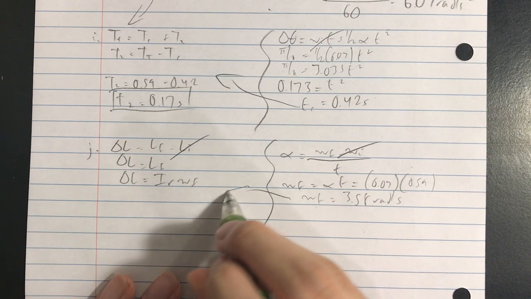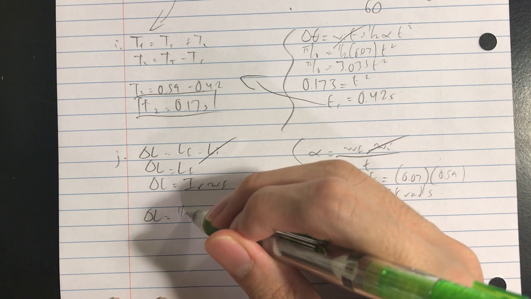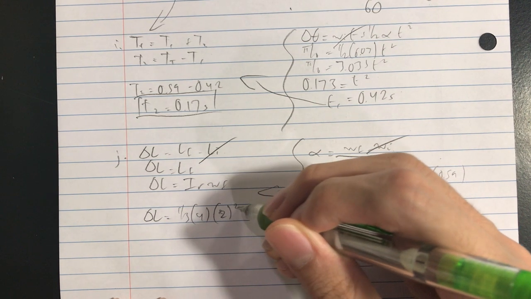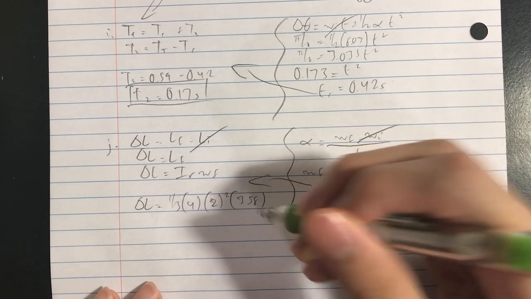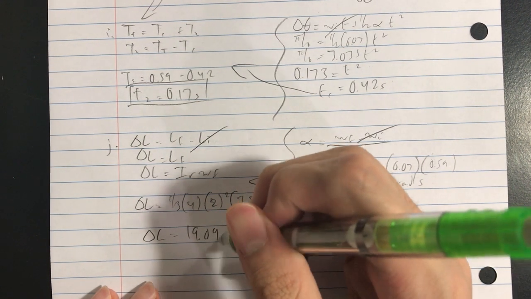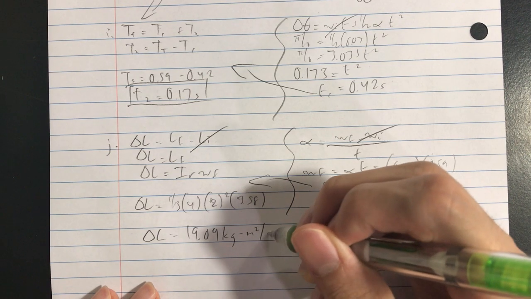We'll just plug that right here. It equals 1/3 m L squared times omega F. M is 4, L squared is 2 squared, and omega F is 3.58. You can multiply that together to get 19.09 kilogram meters squared per second.